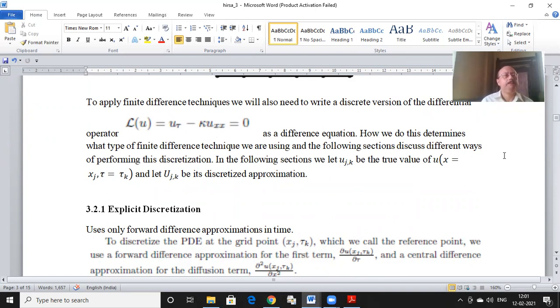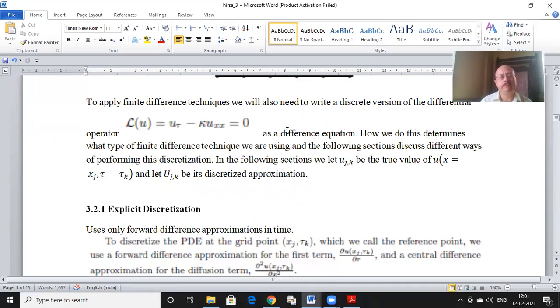So we will actually see what is the effect of these alternative choices. Effect in the sense of the order of error, the order of magnitude for the error. So this is what is written here.